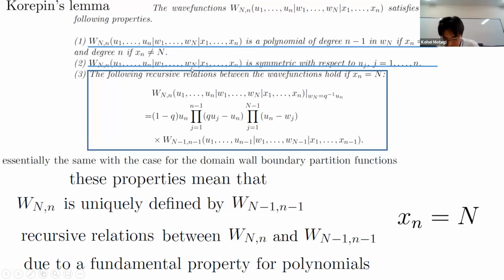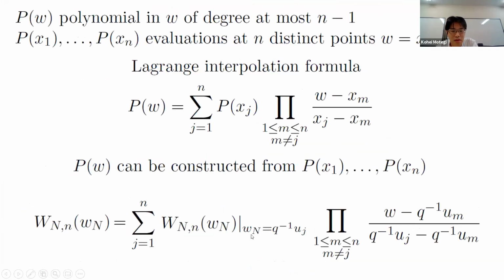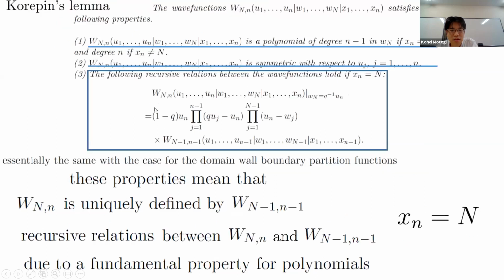And we can actually evaluate at small n points. The first point we can evaluate is when W large N is equal to Q inverse times U small n, like this.